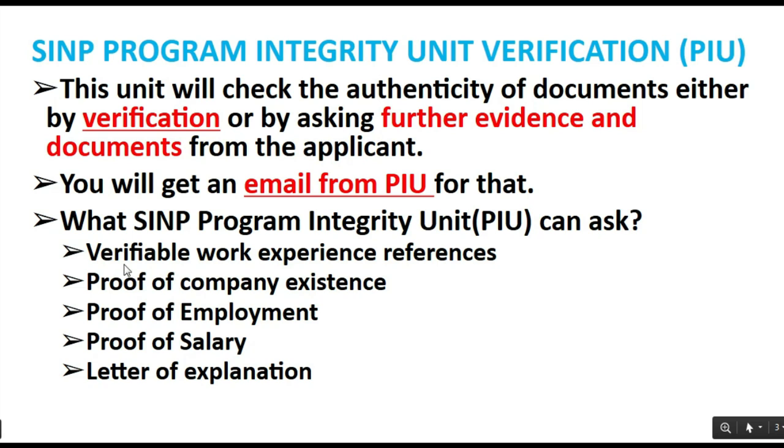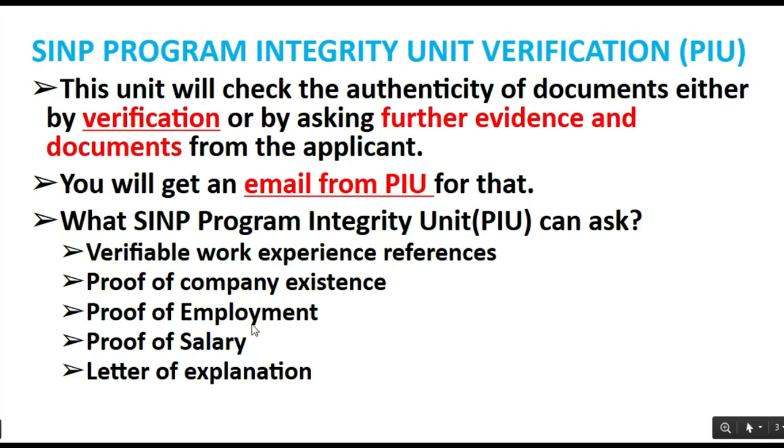To start with, they can ask you about your verifiable work experience references. They will ask you for additional two work experience references. They will also ask you about the proof of company existence, which means whether the company exists and is operational or not.